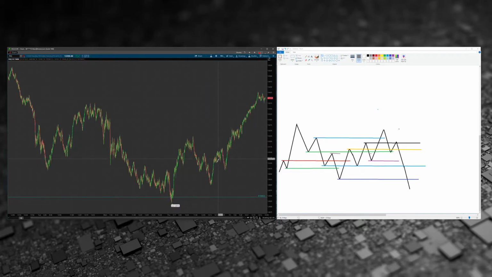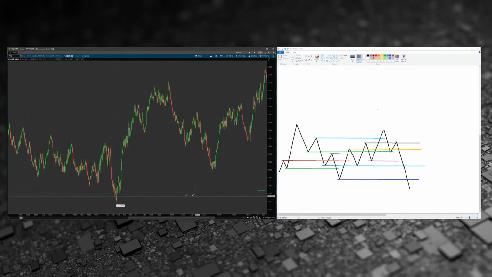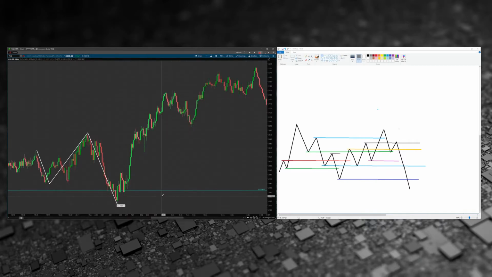So let's zoom in. Now this itself is a leg. 3 legs right here. This is where we can use tested versus untested. So we know, let me move this for a second. We've got failure levels right here that are tested, right?